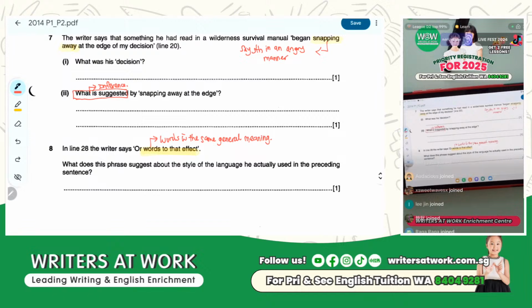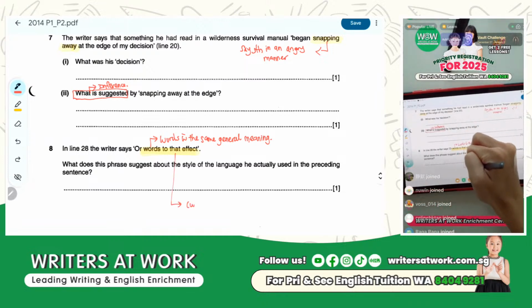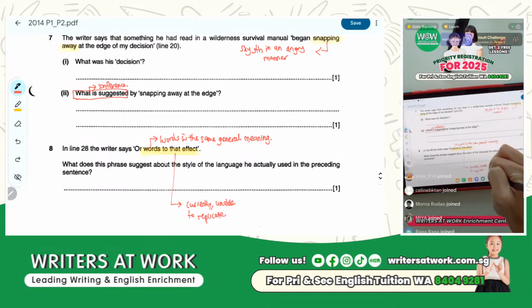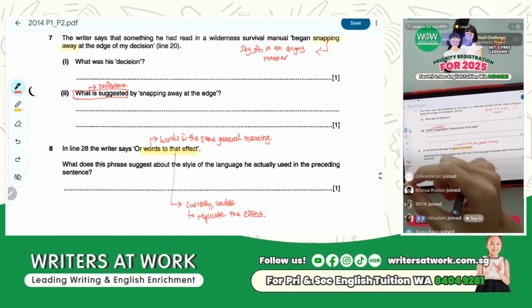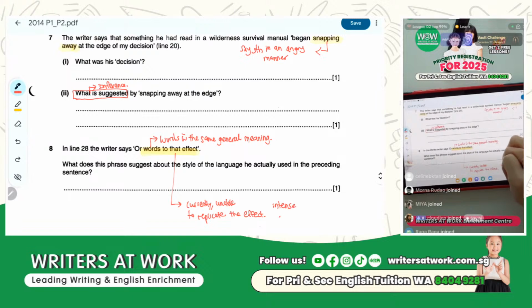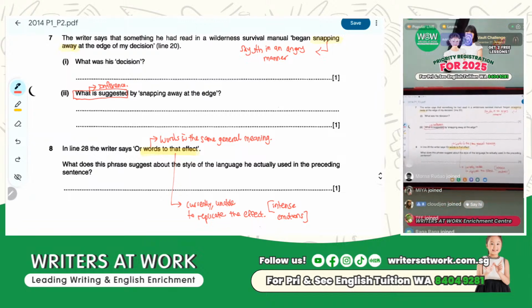Now, when we talk about words to that effect, that means that when we use such language, we are actually telling the reader that currently he is unable to replicate the effect. So maybe the effect has got to do with being very intensely passionate, angry, happy. The emotions must be very intense. Alright? Okay, let me just indicate here. Intense emotion. So as the writer is talking to you now, probably he's not feeling that way. So it's very difficult for him to talk about certain emotions. Alright?